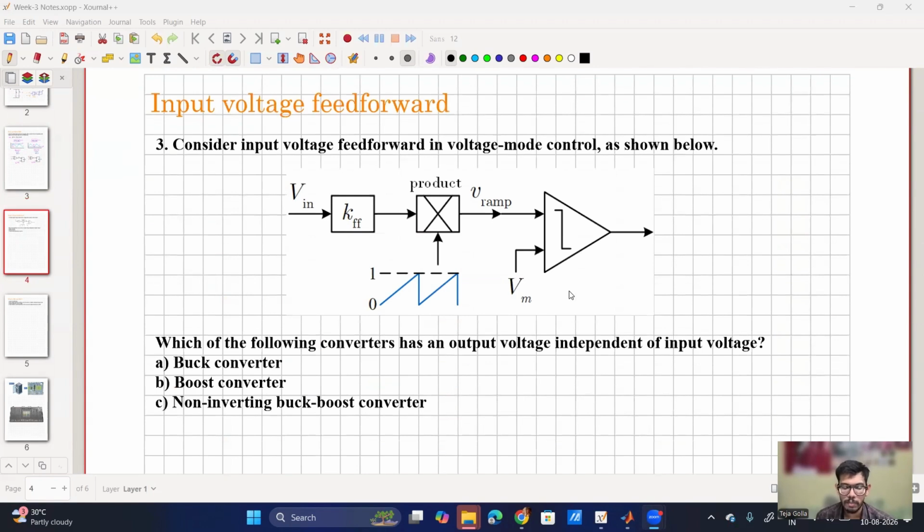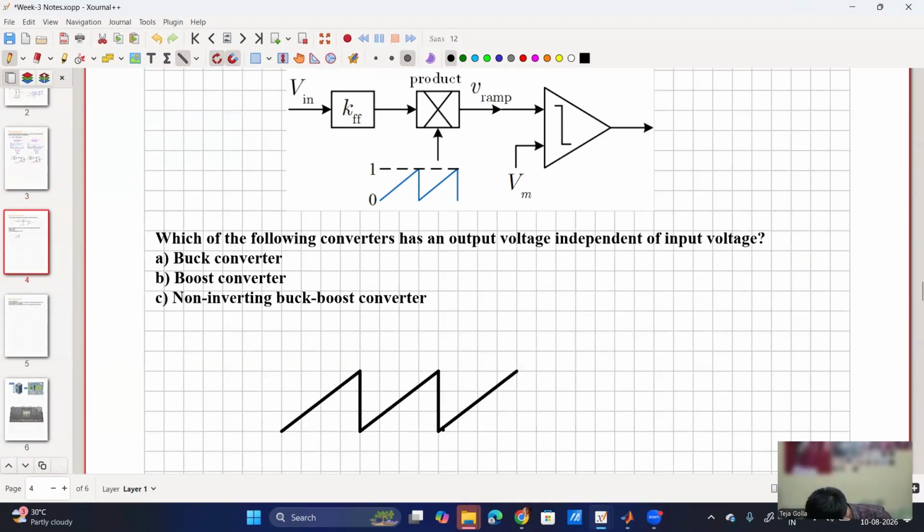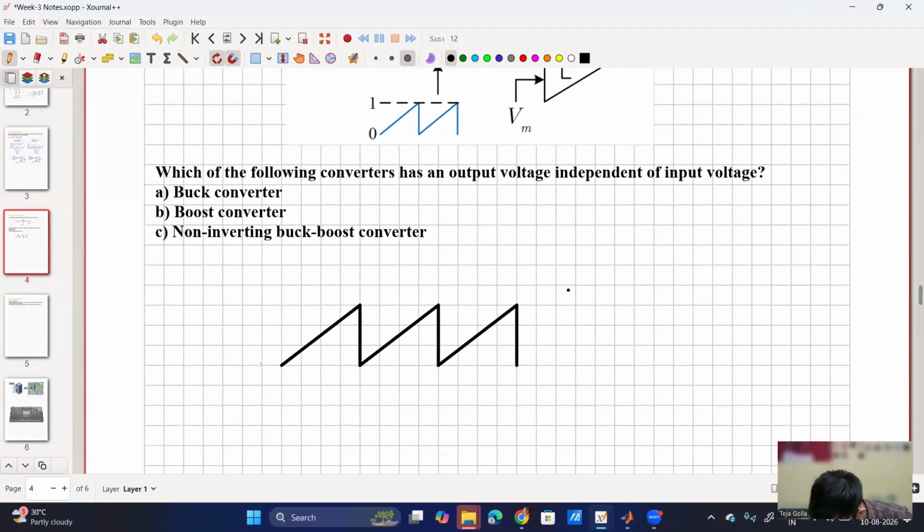Instead of that, we are multiplying with the input voltage as well as some gain KFF, so that the ramp voltage, which was initially 0 to 1, will now go from 0 to KFF into Vin. So what is the benefit of this? Let us see. And it is being compared with VM.